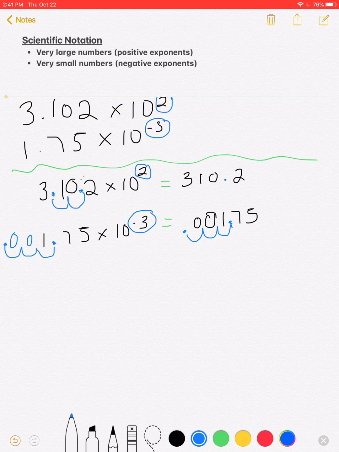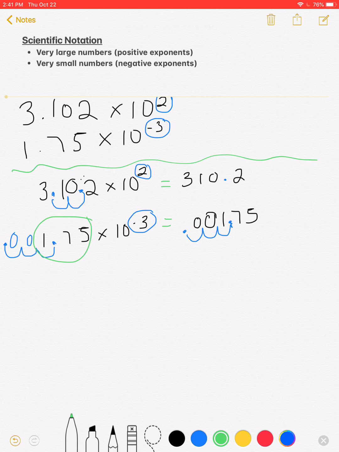If you look back over here, when we started, it was 1.75, which would be the same over on the right again. So that's the basic gist of when you would have a positive exponent or a negative exponent. And the whole idea for scientific notation is that it can shorten the amount of numbers that you have to write, and make it easier to understand.